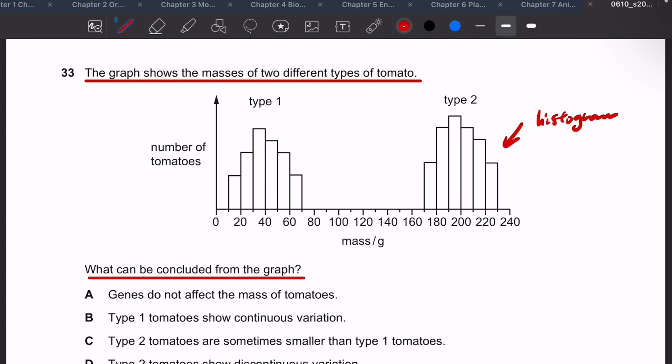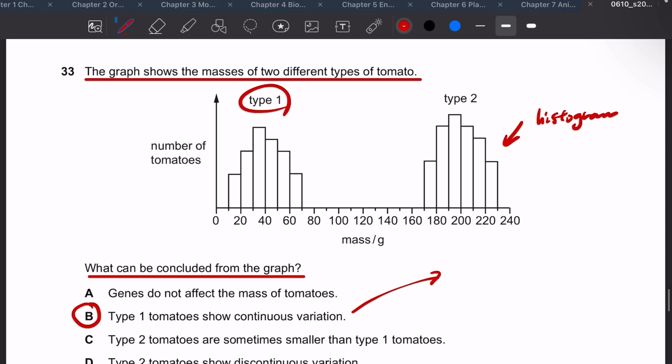It's showing the type 1 tomato is showing continuous variation. Is correct. So continuous variation is the variation that can be expressed using numbers. For continuous variation, there are many intermediate values.